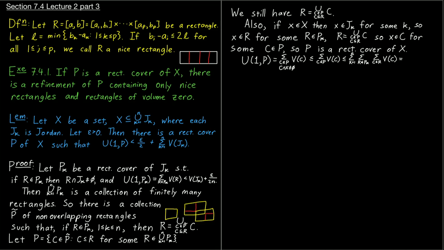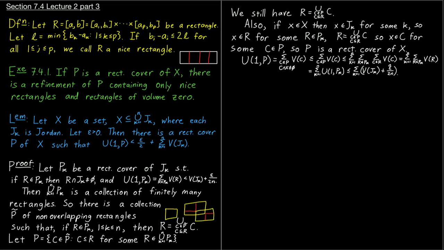And then the C's in R, they're non-overlapping rectangles. We can turn this into the volume of R. And then that is just the sum from k equals 1 to n of the sum over R in PK, that's the upper sum of 1 over PK, which is less than or equal to the volume of JK plus epsilon over 2n.